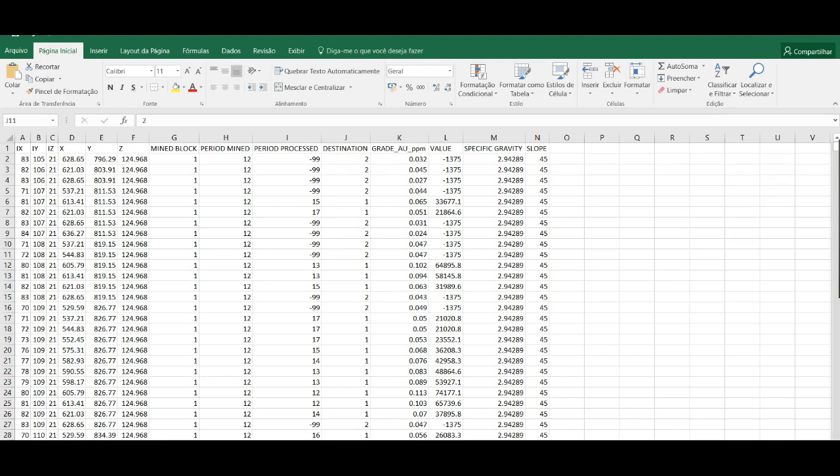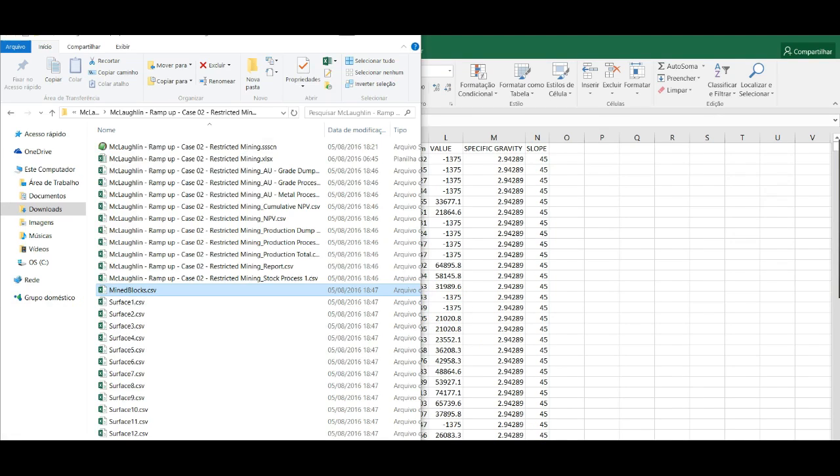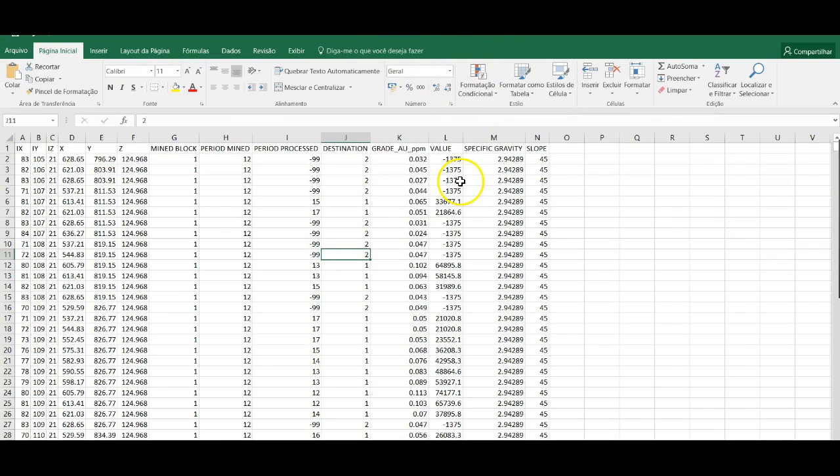SimSched's output is a CSV file after it runs. You have a folder like this with the surfaces and the Excel file. And one of the CSV files is this one. We have the indexes of the blocks, the coordinates, whether the block is mined or not, the period in which it is mined, the period in which it is processed, and whether the block is stockpiled.